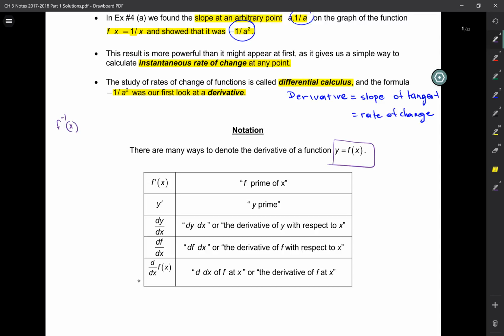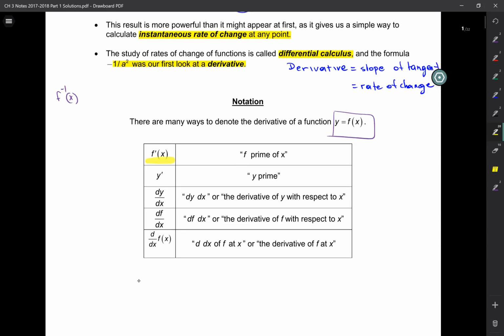Well, the symbol for derivative is the prime. So if you have f of x, the derivative of f of x is f prime of x. If you want to say you found the derivative of y, it's y prime.